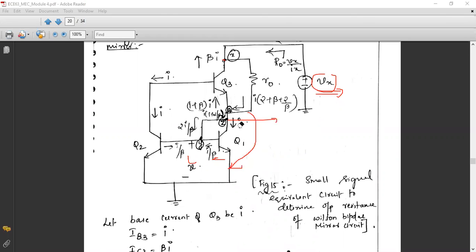That is V. Already we have computed the current flow across R0, right? So if you know this current through R0, it will be very easy to find out the voltage across Q3. And this is already known to us. That is V. I've taken this as V.